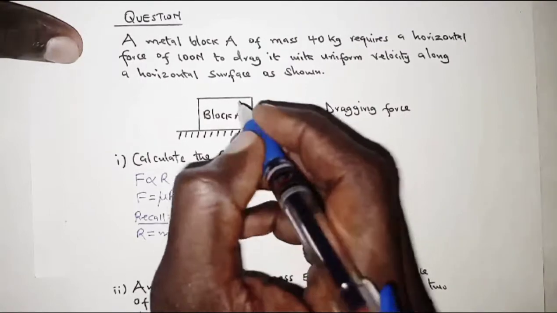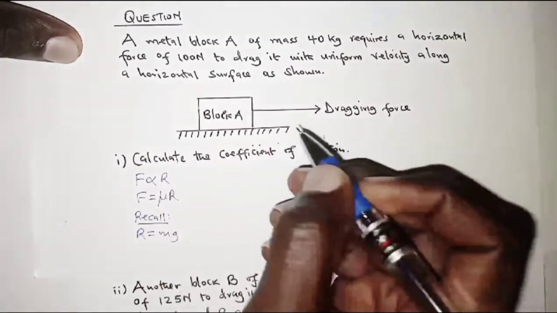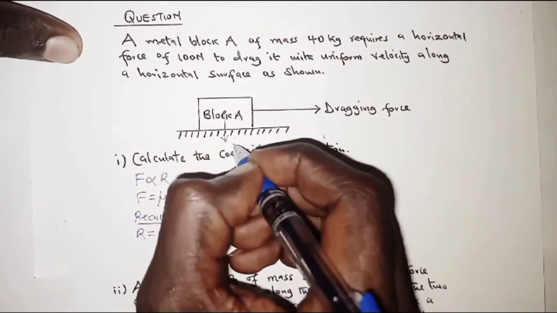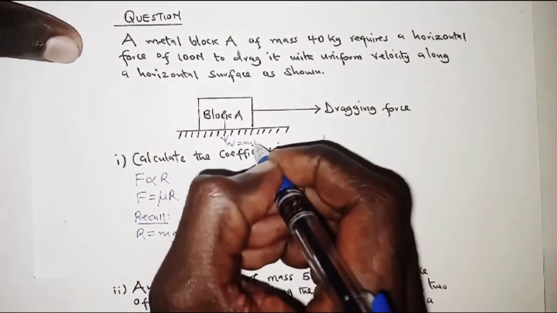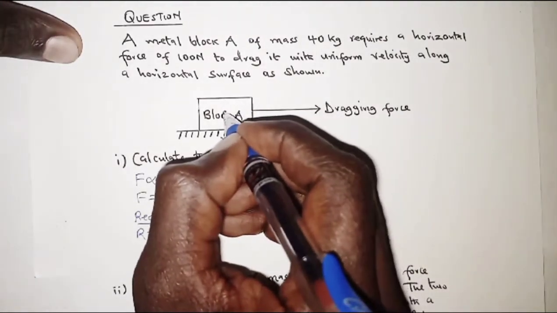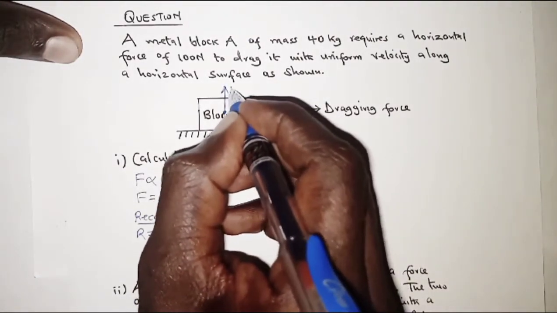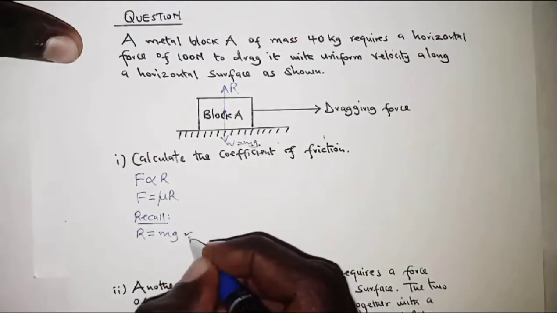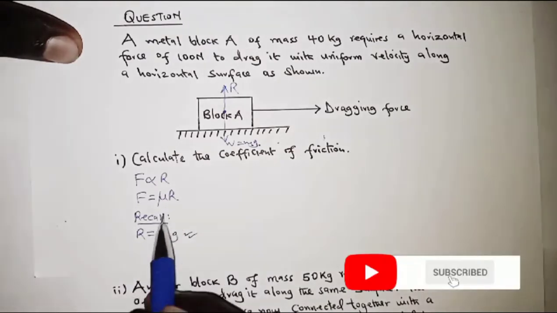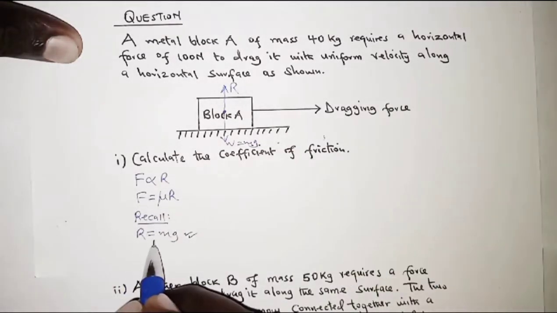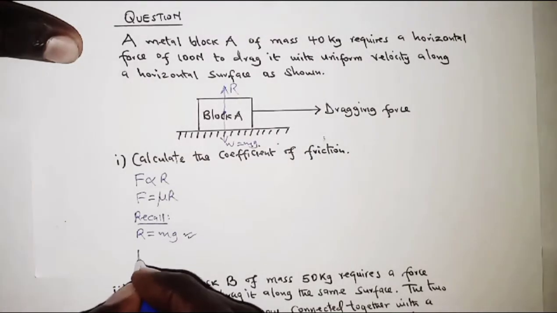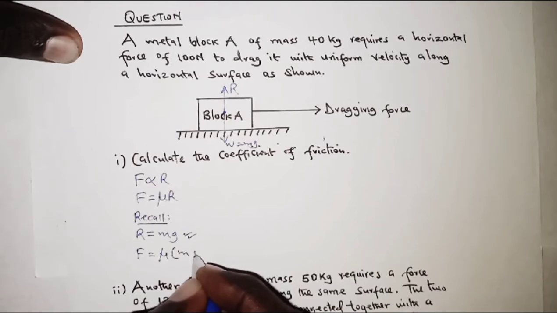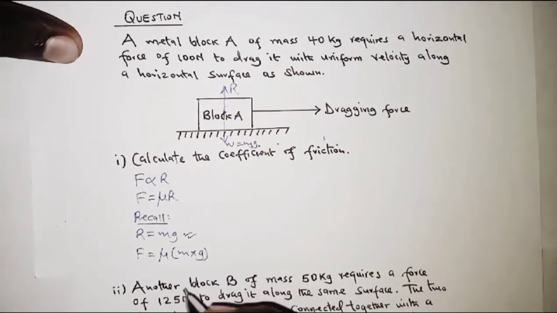Assuming we had the center of gravity at this particular point, the weight of the block will act downwards, which is mg, and then we have an equal and opposite reaction force, R, acting upwards. So that is where we get all this. In place of R, we are going to replace it with mg. So we have force is equal to mu times mass times gravitational acceleration.